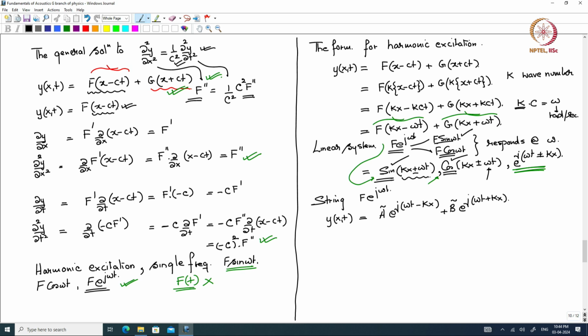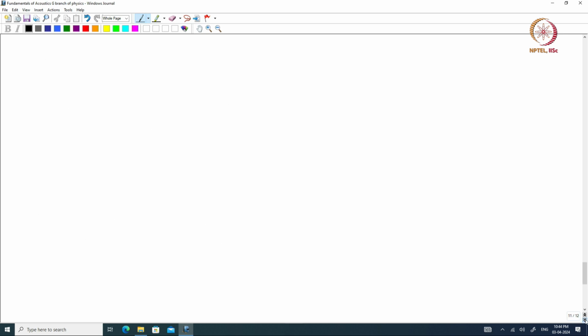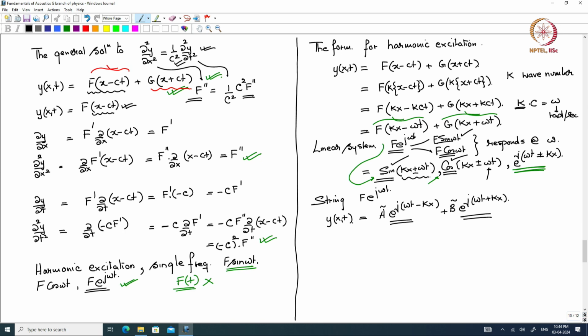Okay. Now, we will dig a little bit more into this expression. So, how do we do that? First of all, let us talk of a phasor. A phasor is a rotating vector. It is a mathematical idea, okay? Rotating vector. What do we mean?